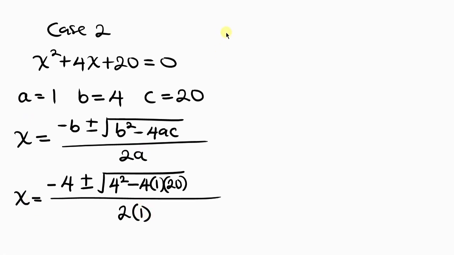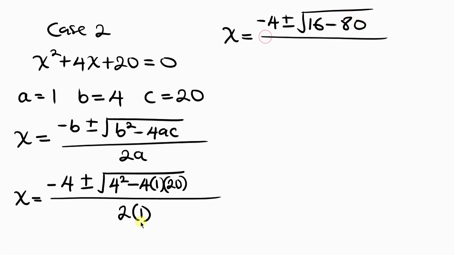So simplifying further, we have x to be negative 4 plus or minus the square root of 4 squared is 16 minus 4 times 1 times 20 is 80, all over 2 times 1 is 2.